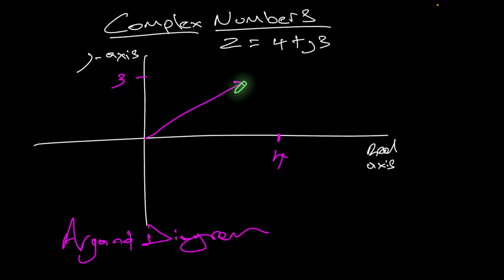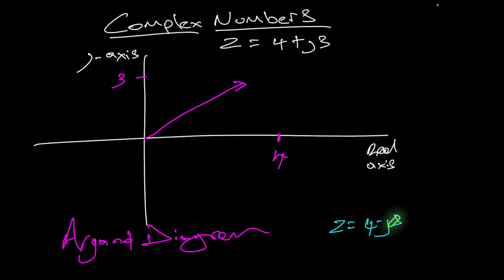Now this is just the same as if we were representing coordinates, because let's say for some reason, instead of having j3, what I have is minus j3. So instead I'll have z equals 4 minus j3.